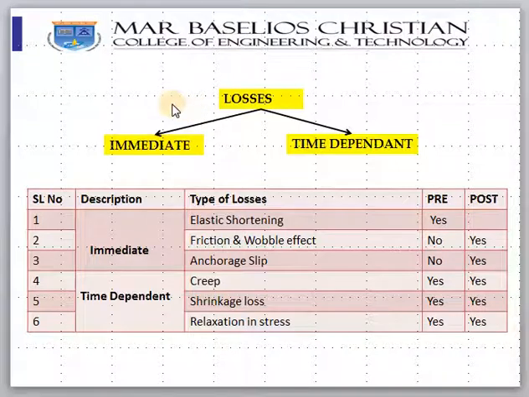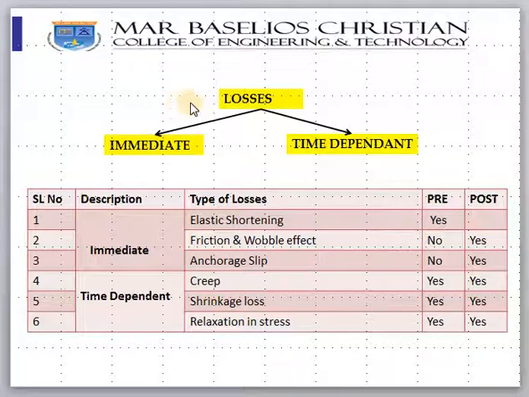We will be having a loss in the order of 200 to 230 Newton per millimeter square, because of which we use high stressed steels. Otherwise we could have gone for, let us say, Fe415 and all, which we don't use actually. We will use steel in the order of 1500 to 2000. So these losses play an important role.